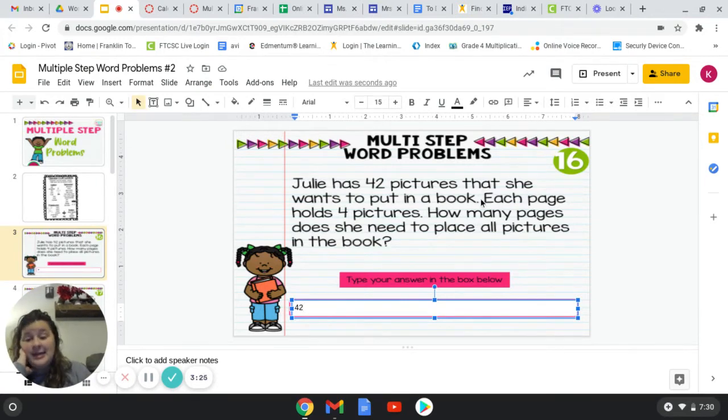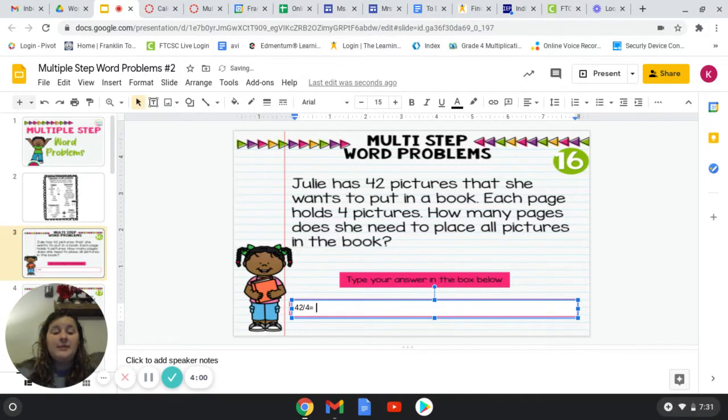And remember, each can be either multiplication or division. When I think about this, I'm saying, here's my pile of pictures to start with. I can put 4 on this page, and 4 on this page, and 4 on this page, and 4 on this page. So I know that I am doing repeated subtraction or division. So I'm going to do 42 divided by 4.